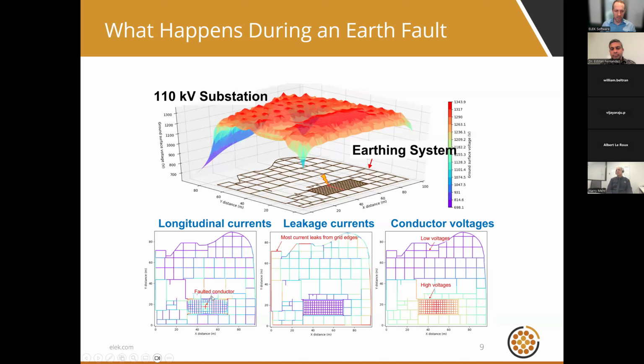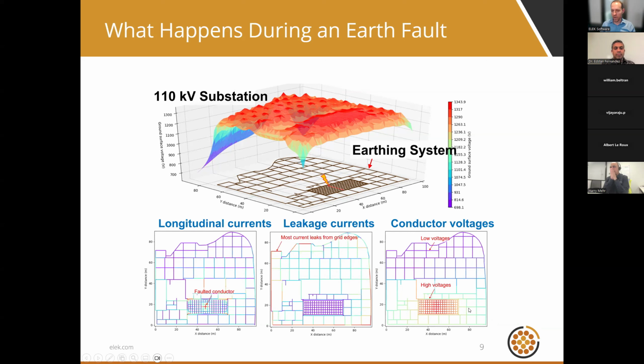Let's look again at the left-hand plot, longitudinal current. Current is injected at the faulted conductor. You can see the red conductors where it's being injected, and it travels along those conductors, where red is high magnitude. And when it's being leaked into the soil, you see the higher leakage currents around the perimeter of the earthing system.